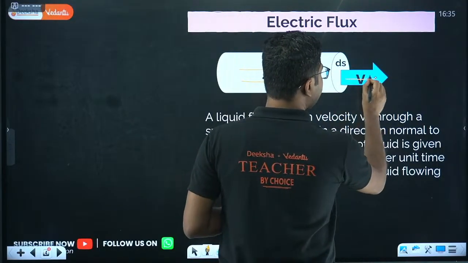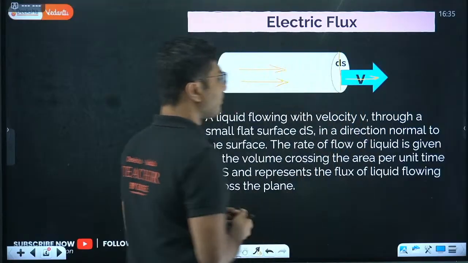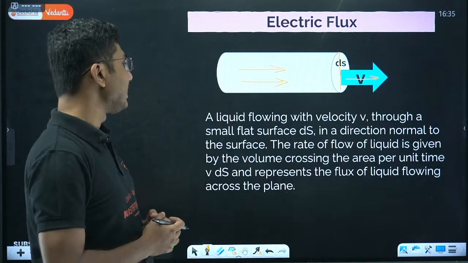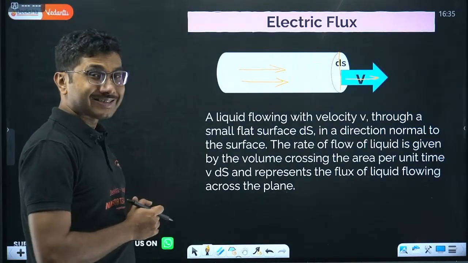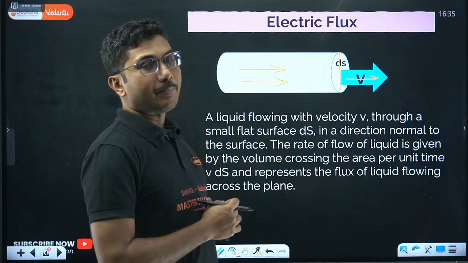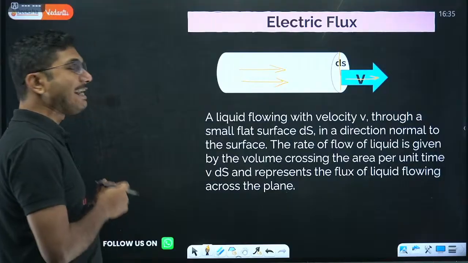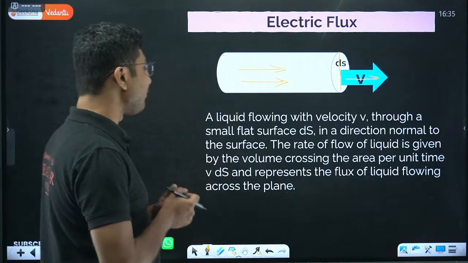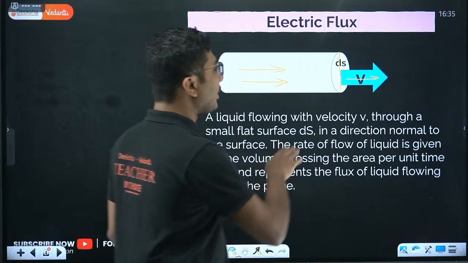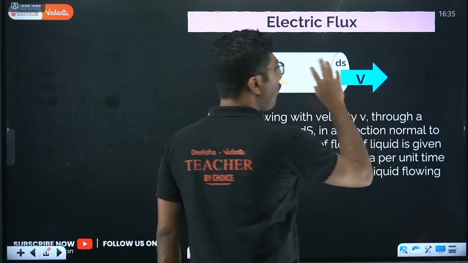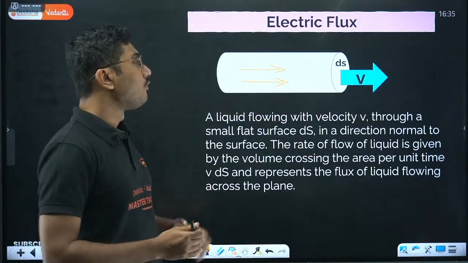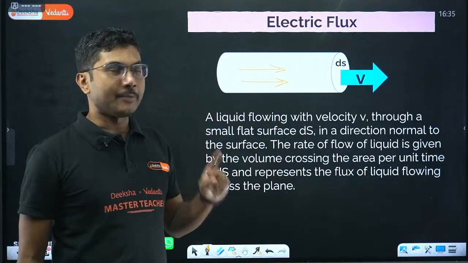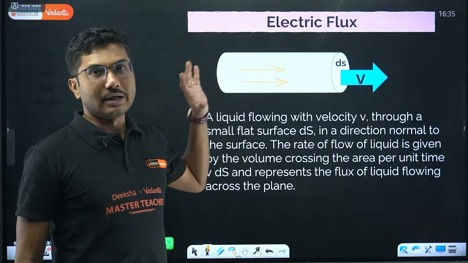The rate of flow of liquid is given by the volume crossing the area per unit time, v dS, and represents the flux of liquid flowing across the plane. So the volume of fluid flowing through the surface area in one unit time is called the liquid flux.